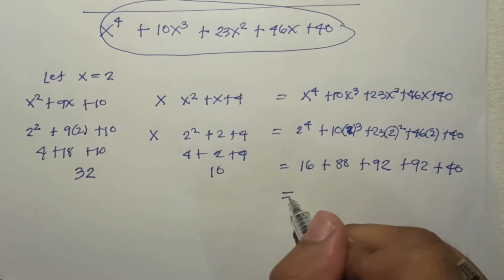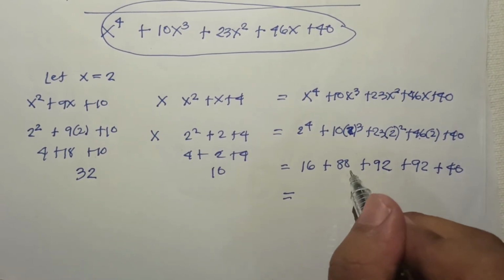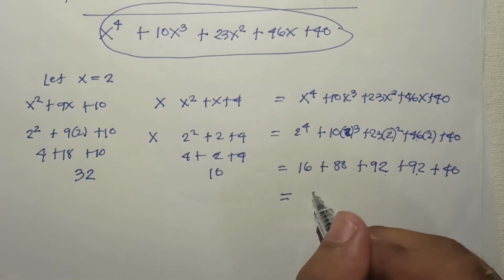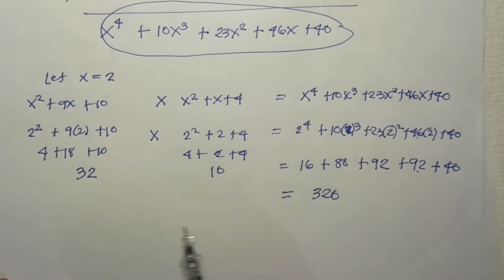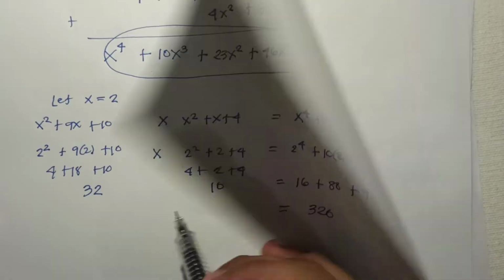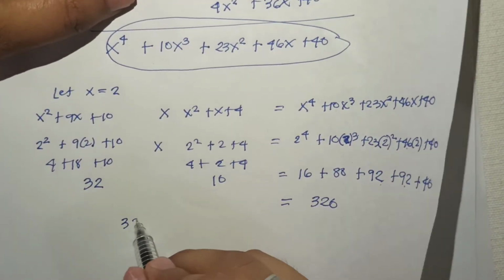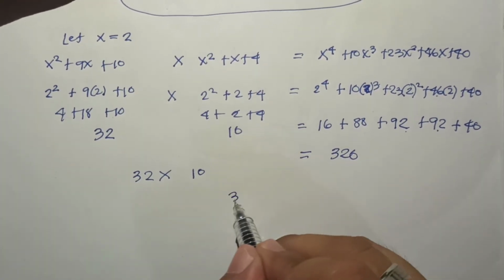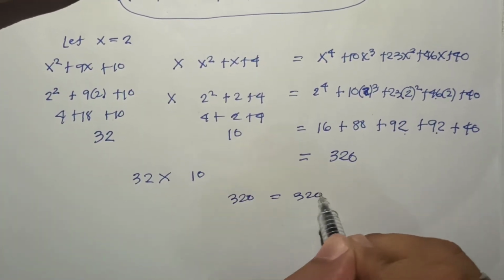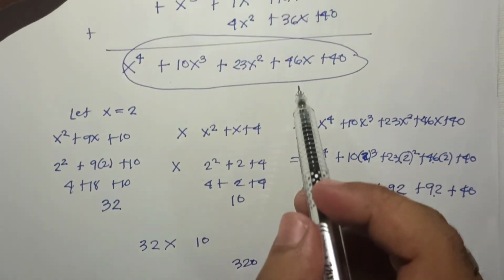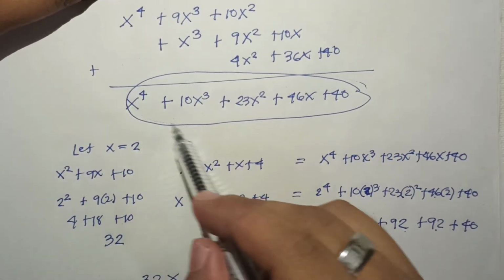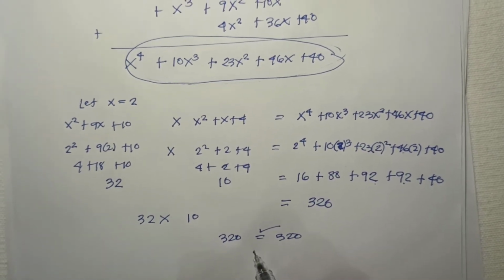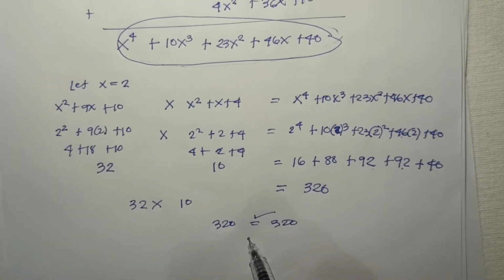If we add this part, 16 plus 80 plus 92 plus 92 plus 40, it will yield 320. If we multiply 32 times 10, it is equal to 320. So 320 is equal to 320. Again, this result is correct because when we check, we have an equal number.